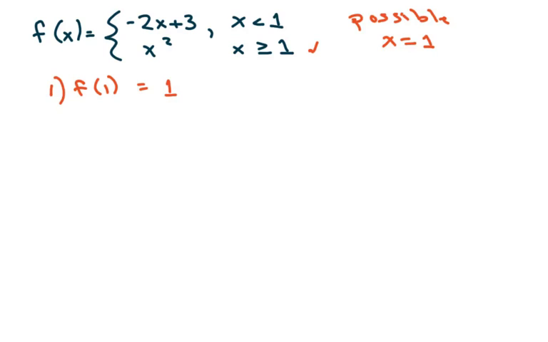Now the limits: the limit as x approaches 1 from the right, which we already got was 1, for all numbers bigger than 1.